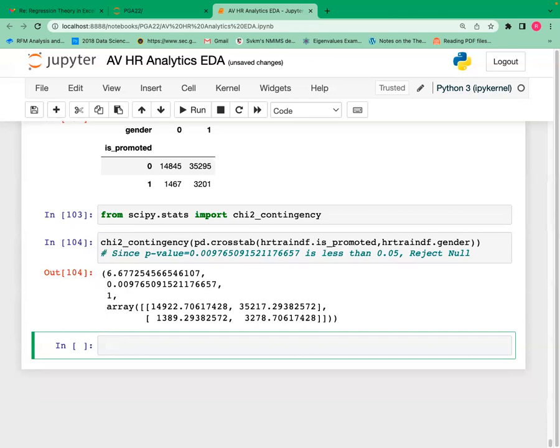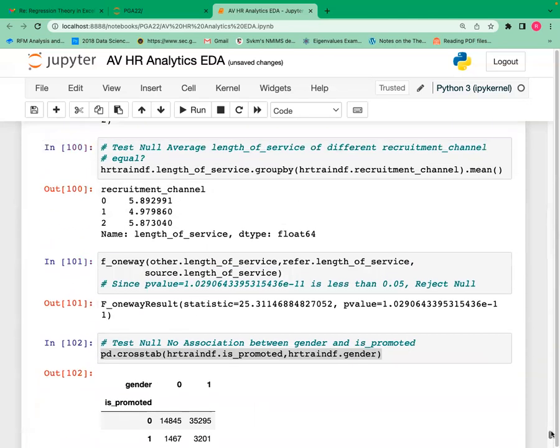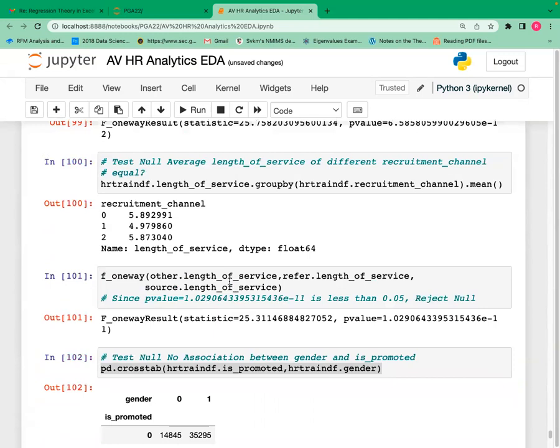There is a relationship. Same thing in the interpretation: the difference in means is significant. It means you cannot treat them equally. This is a significant variable you have to include in your model building. Whatever hypothesis test says reject null, those variables are significant and you must include them in your model building.